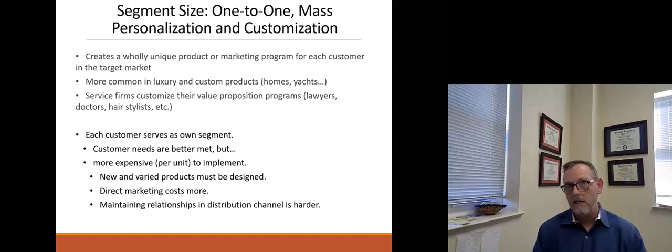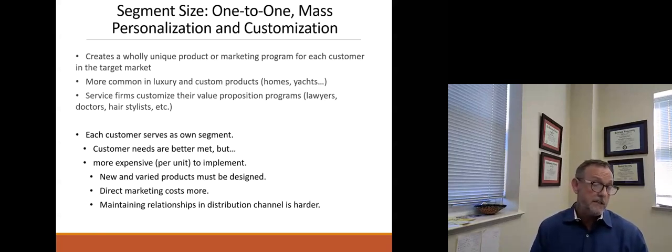Now, this is going to be pretty much the opposite of mass marketing when we think of the pros and the cons. The pros here are that the customers get extremely well treated in terms of meeting their needs. Their needs are perfectly met because the value proposition has been designed specifically for them.